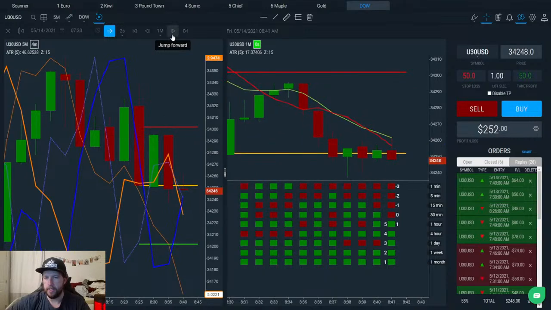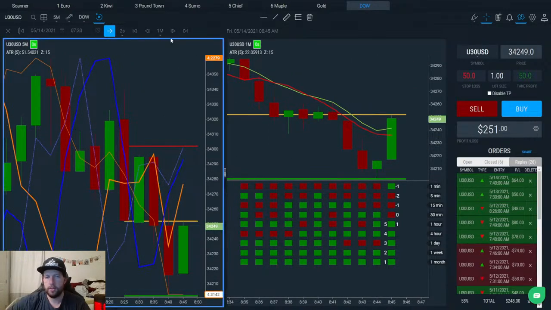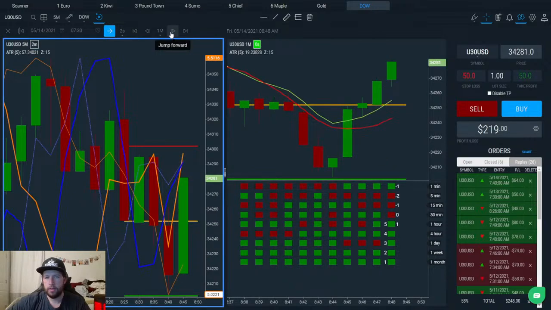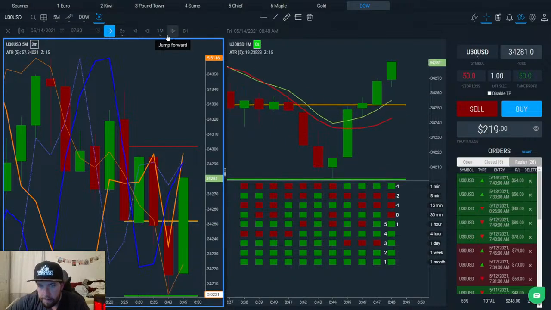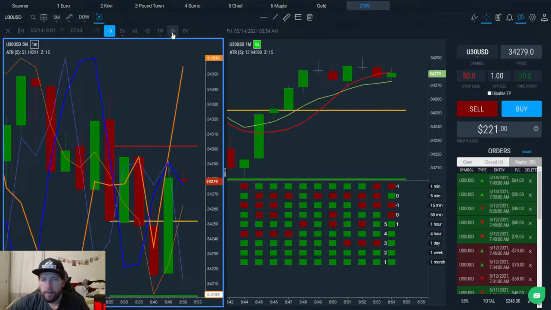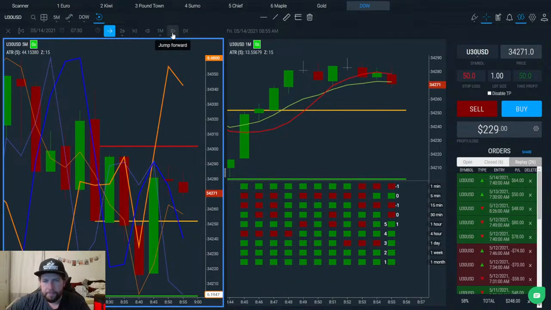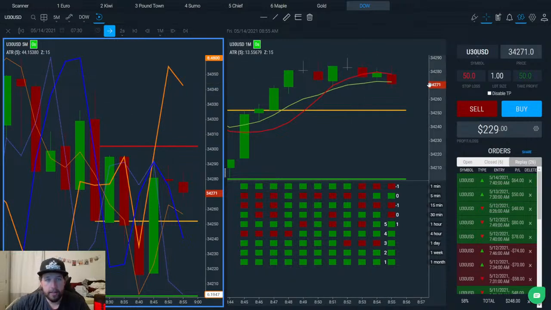Maybe it wants to get some correction here. Oh, so close. I actually have another sell signal there.